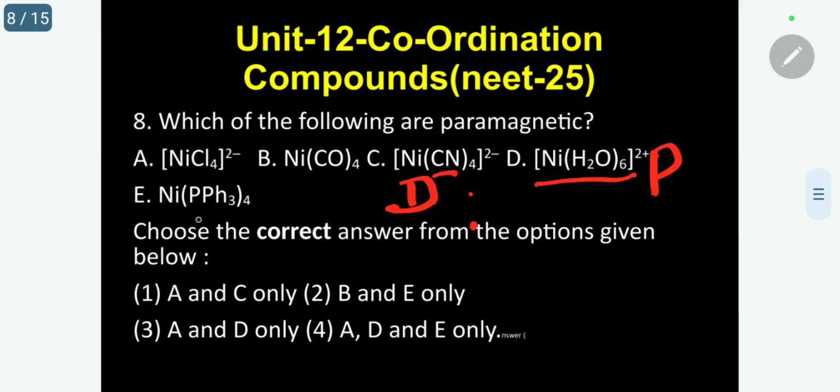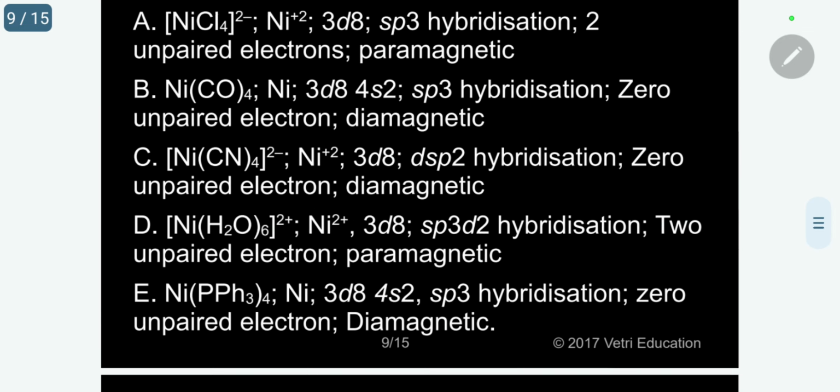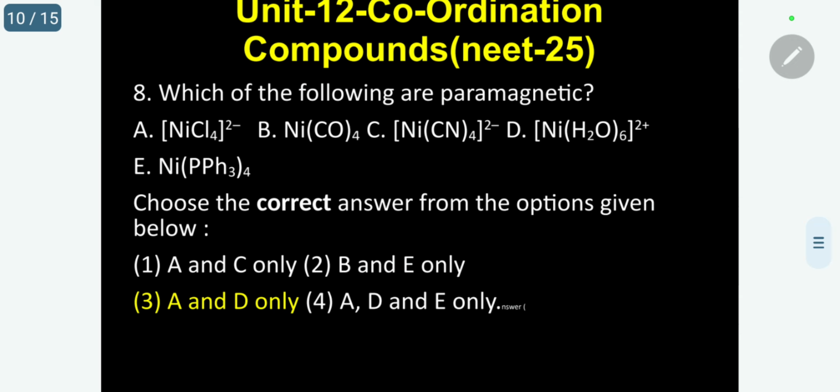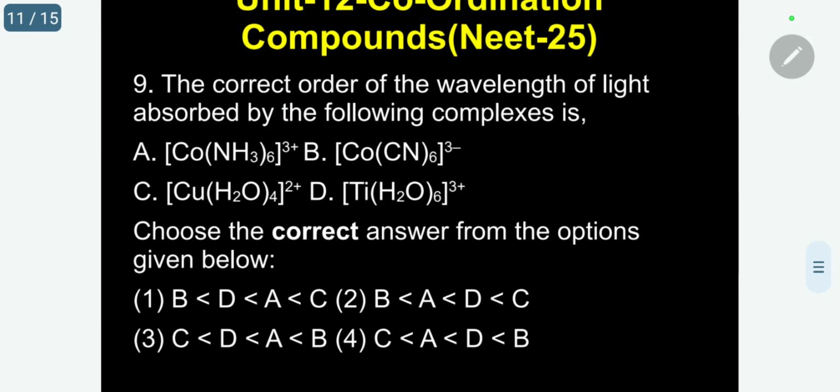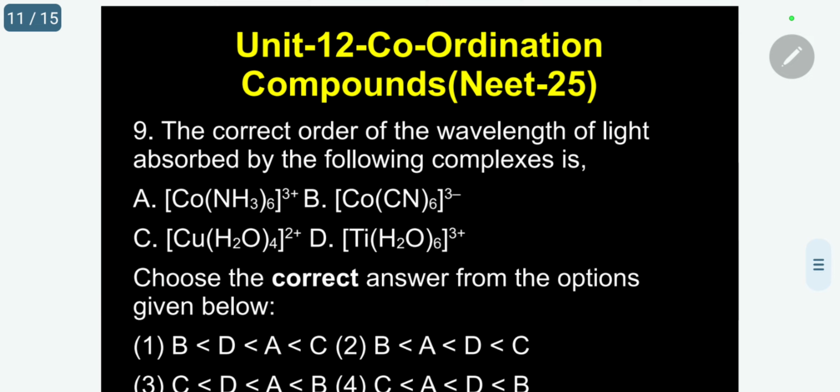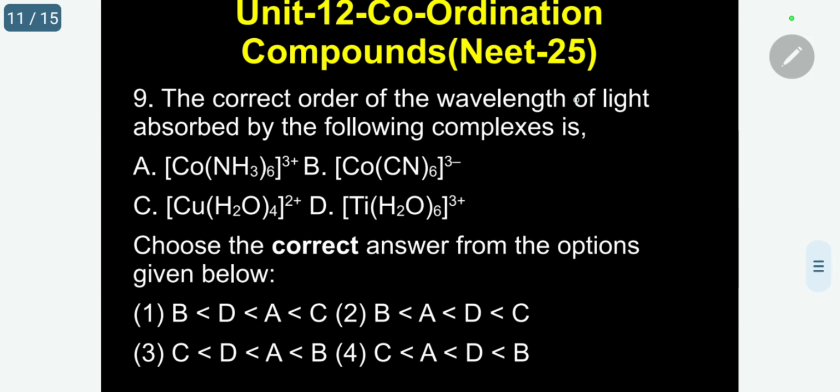Whereas Ni(PPh3), it is diamagnetic. So the answer is A and D. Kindly follow. A and D is the correct answer. Next question. Question number 9. This was asked in NEET 25.